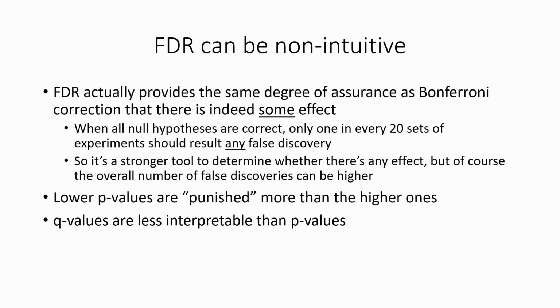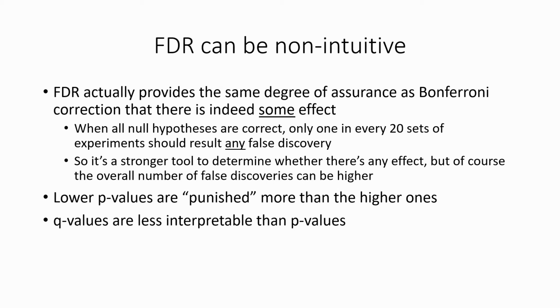And again, I emphasize the words sets of experiments, unlike every 20 hypotheses. If we just want 1 in every 20 hypotheses to result in any false discovery, then we actually don't need any kind of correction. But once we use a correction, it gives us a much stronger kind of assurance that we have for every 20 sets of experiments. So every 20 times we report something, we have the assurance that there are indeed some effects.